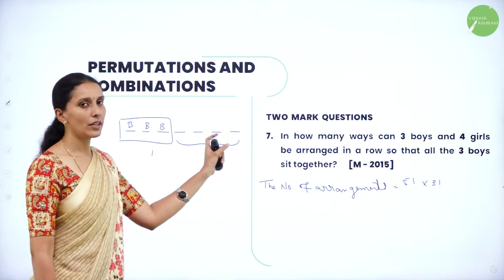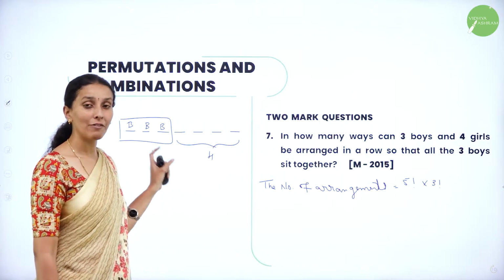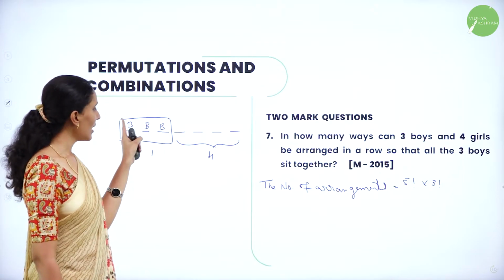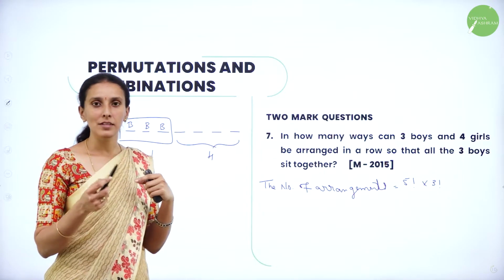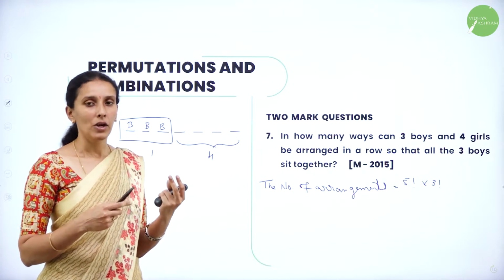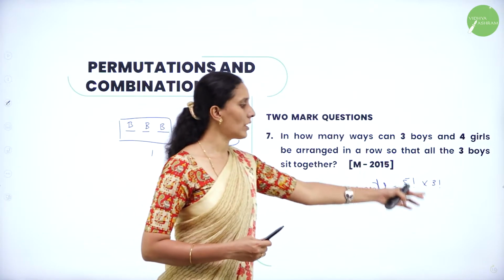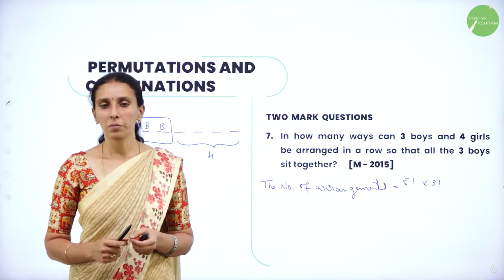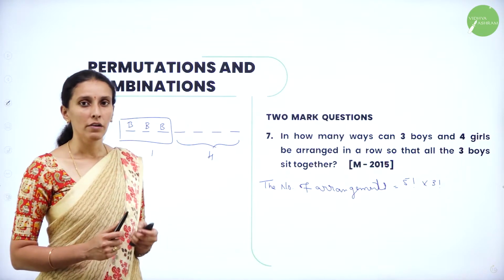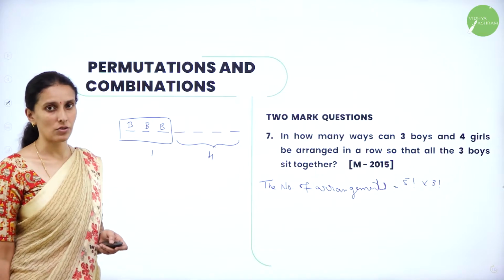And the 3 boys can also exchange their places in whatever way they want, because they all sit together. Hence we have 3 factorial. So the total number of arrangements is 5 factorial into 3 factorial.